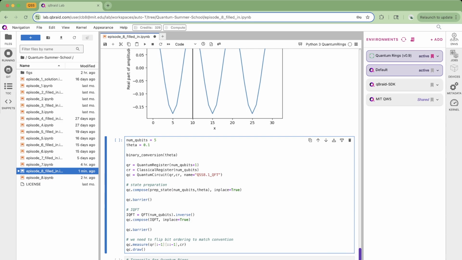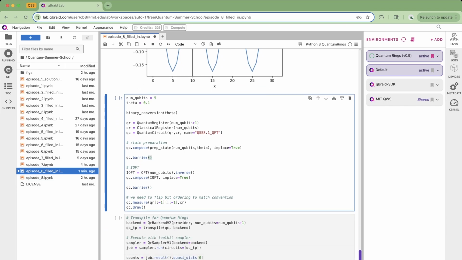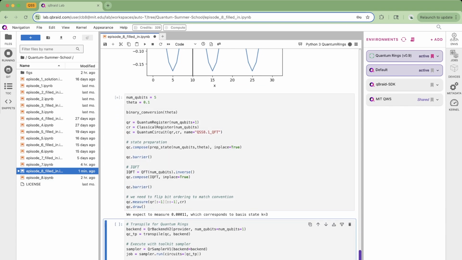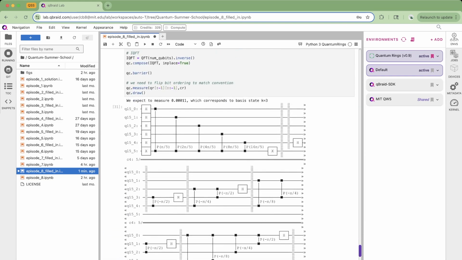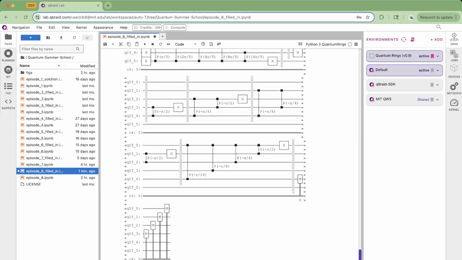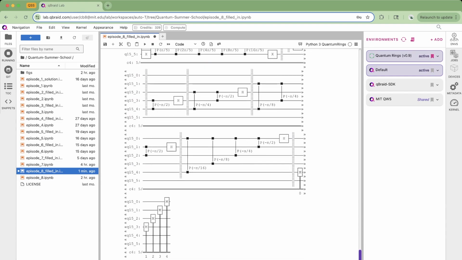And then this is just a small thing, but we need to flip the bit ordering at the very end to match convention. So here's our circuit. We have our state preparation section, and then we have our inverse QFT. And then finally we measure all of the qubits except for the auxiliary one.